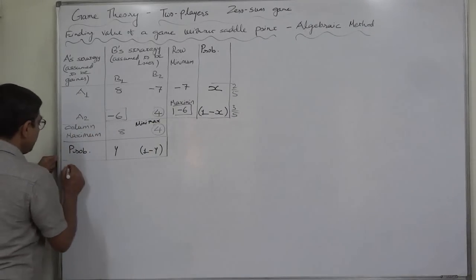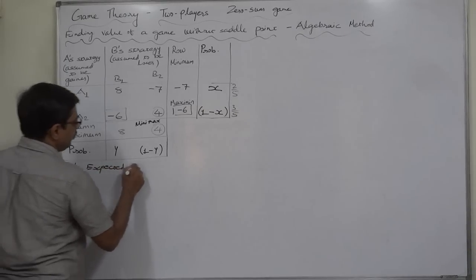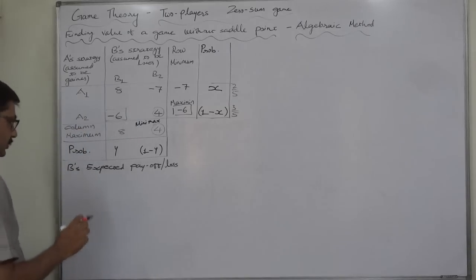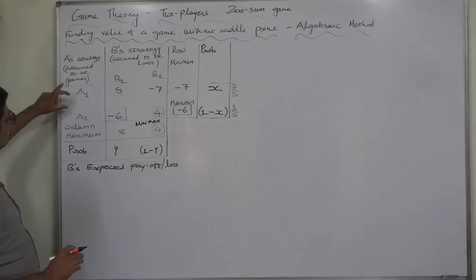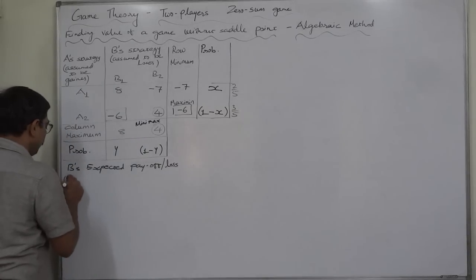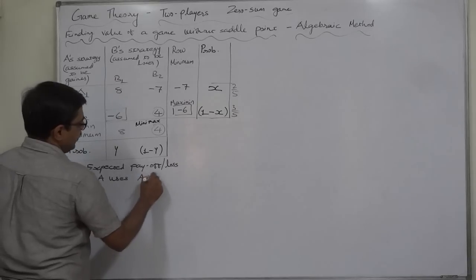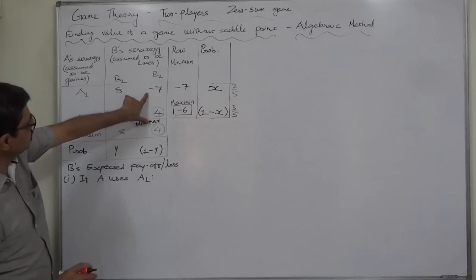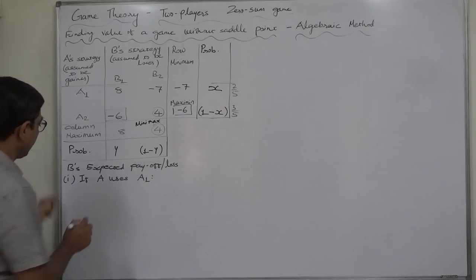If we consider B's expected payoff, his expected payoff will actually be expected loss. It is also dependent on which strategy A is going to use. So first, if A uses strategy A1, B's payoffs are 8 and minus 7 and the respective probabilities are y and 1 minus y.